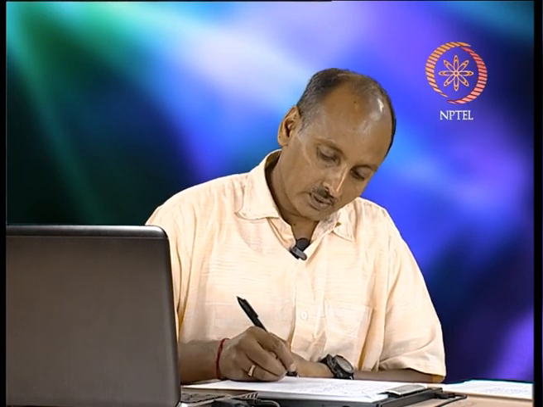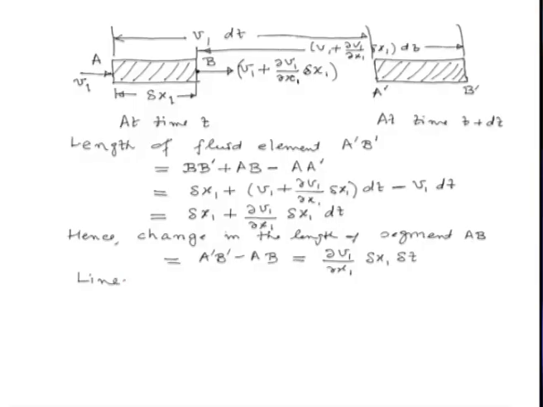So, now we can define our linear strain rate in the x1 direction, which is given by the time rate of change, that is 1 by dt of the change in length, A prime B prime minus AB, divided by the original length AB.